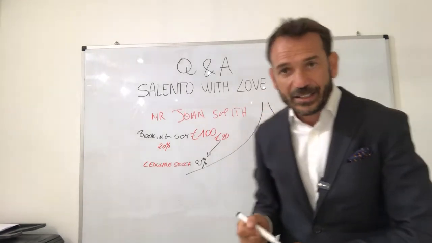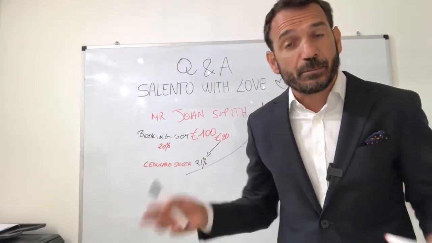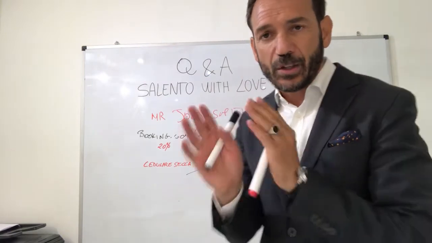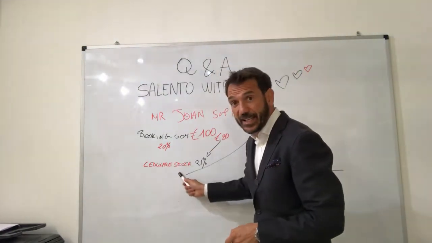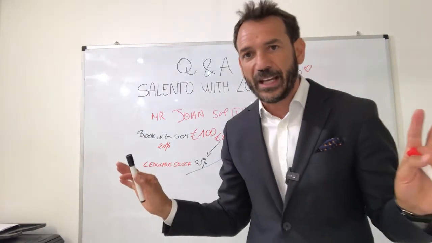You pay at the end of the year. If you've received 1,000 euros from Booking, from Airbnb, anyone else, you know that you owe the Italian government, thanks to the Cedolare secca, 21%. That's it. You don't need to pay anything else.